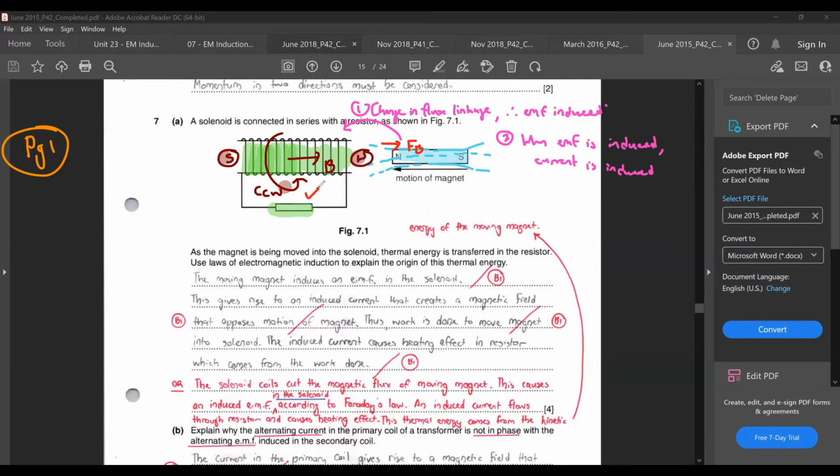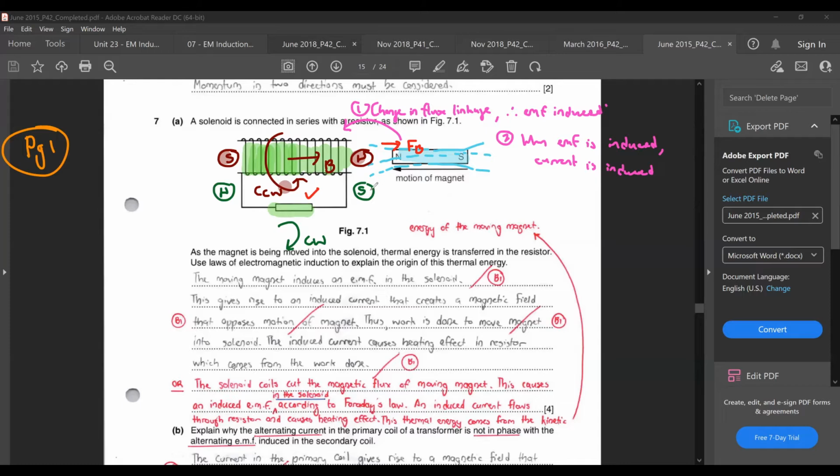So if I consider it the other way around, let's just say my current is flowing clockwise right now, such that the polarity is south and then north here.